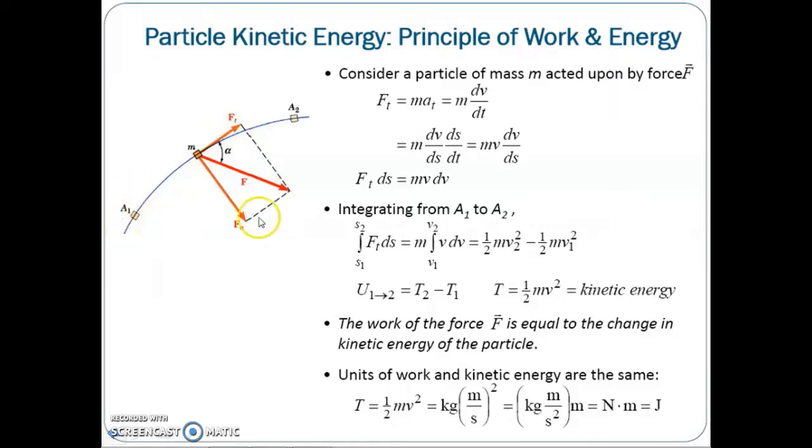If we express Newton's second law in terms of the tangential components of the force and the acceleration, Ft equals m at. Then we can write the tangential acceleration as m dv/dt, and under the differentiation rules, we can rewrite this dv/dt as v dv/ds.